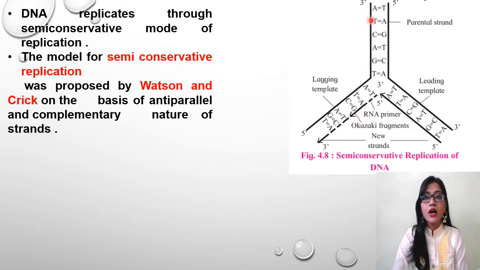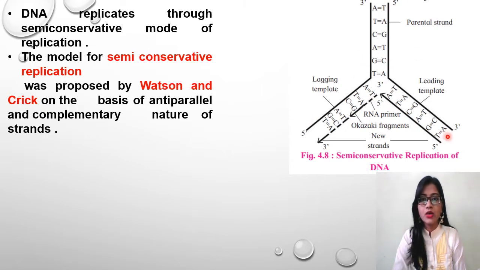Now see, this is one strand. These are the old strands, and among the newly synthesized strands, one strand is discontinuous and another strand is continuous. These are the newly synthesized strands, or daughter strands.